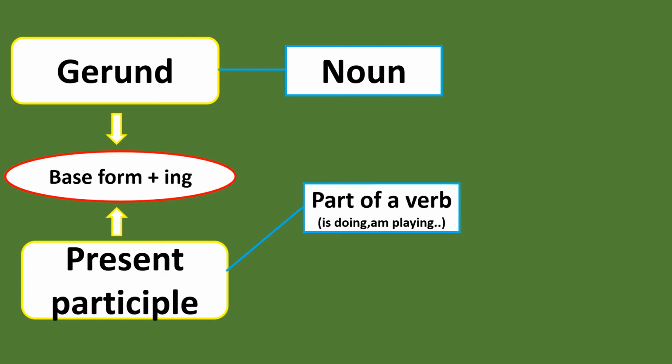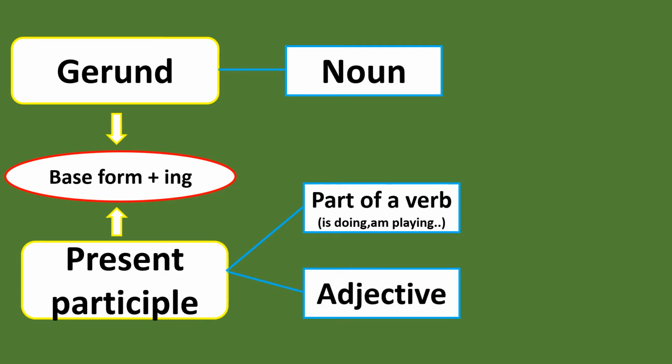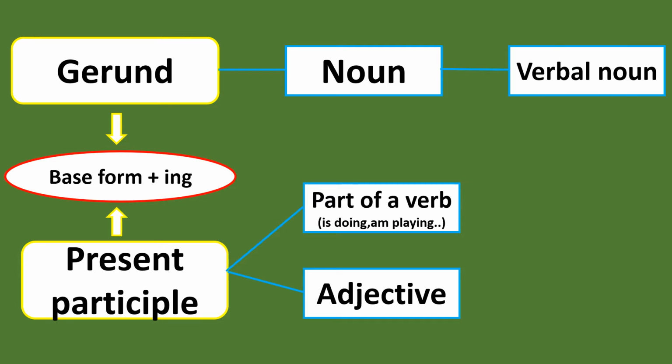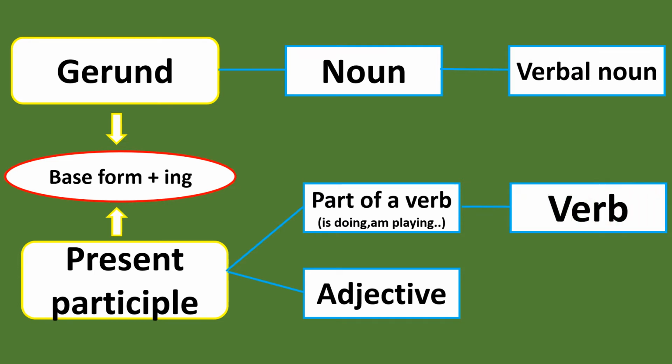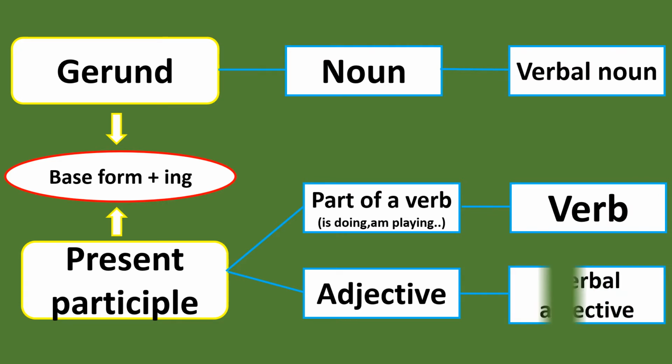Sometimes it acts as part of a verb, sometimes it acts as adjective. When the gerund functions as noun, it is named as verbal noun. When the present participle acts as part of a verb, it is named as verb. When it acts as adjective, it is named as verbal adjective. Okay, I think you understood. Gerund acts as noun, so it is named as verbal noun.